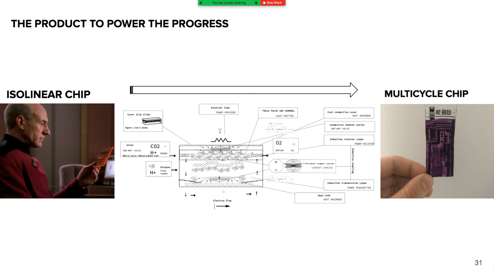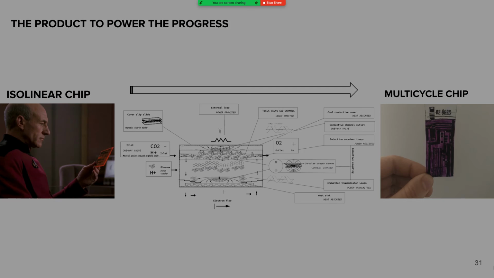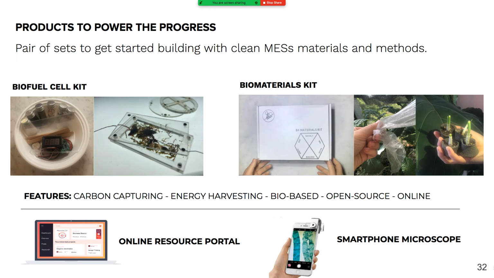This is just a diagram of what the future holds for our microbial electrochemical system chips: a modular design that incorporates everything that you saw earlier of all the different MES types. But how do you get people started on that?